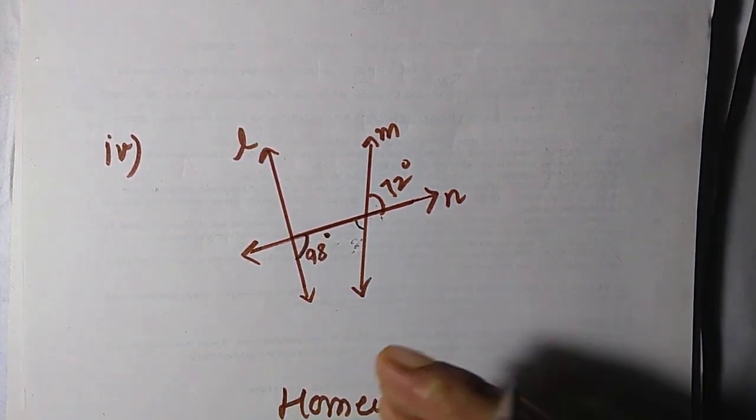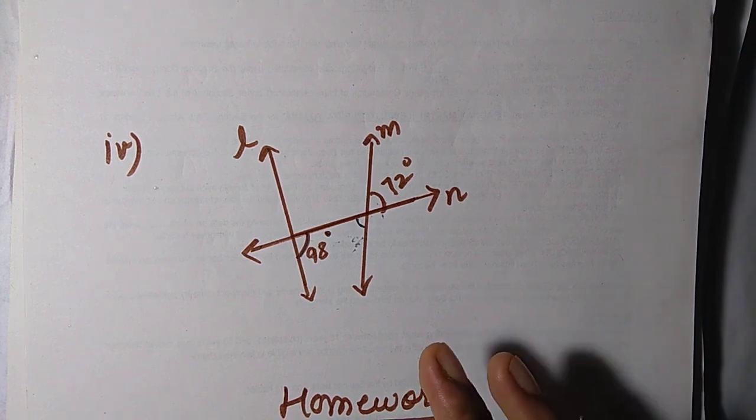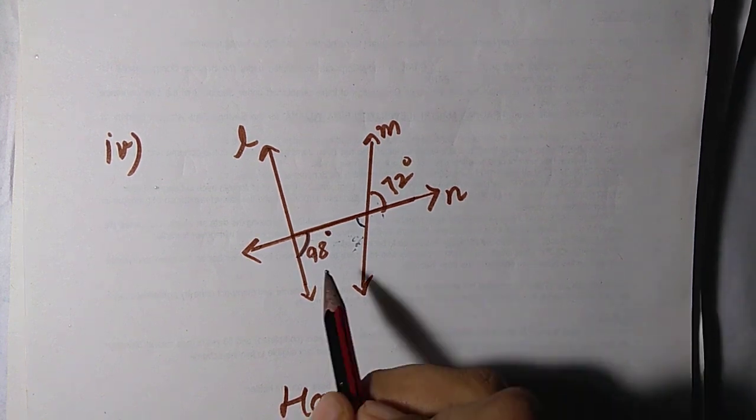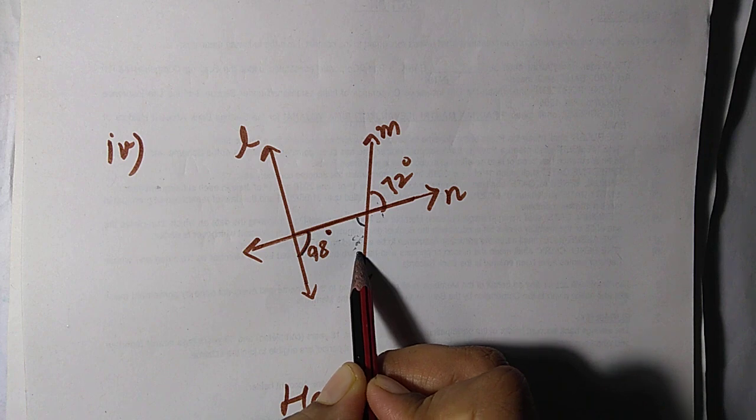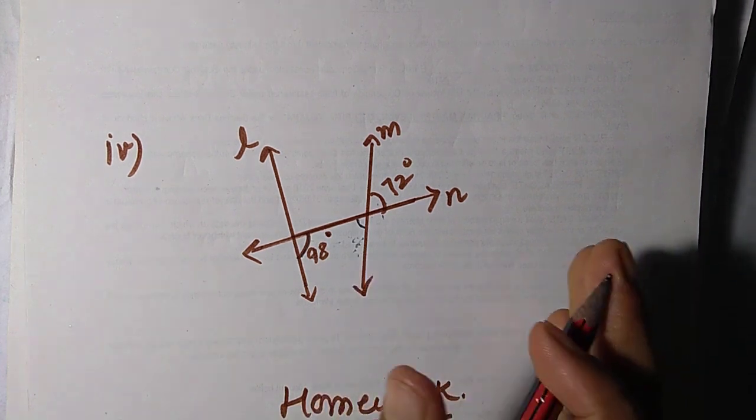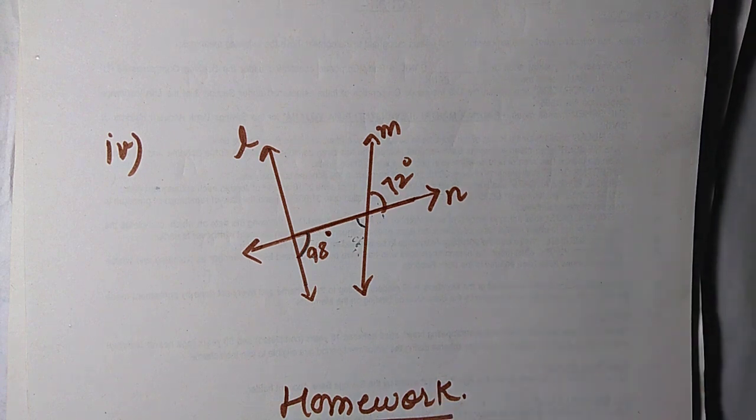If their sum comes out to be 180, then the lines are parallel, because they are co-interior. And if the sum of co-interior angles is 180, then and only then the lines are parallel. In these cases, I am just checking whether the co-interior angle sum is 180 or not. You can apply any one of the methods which I have explained in the first part.